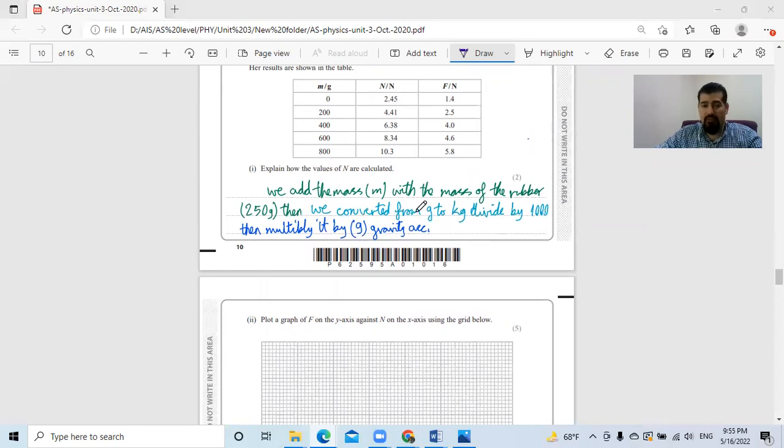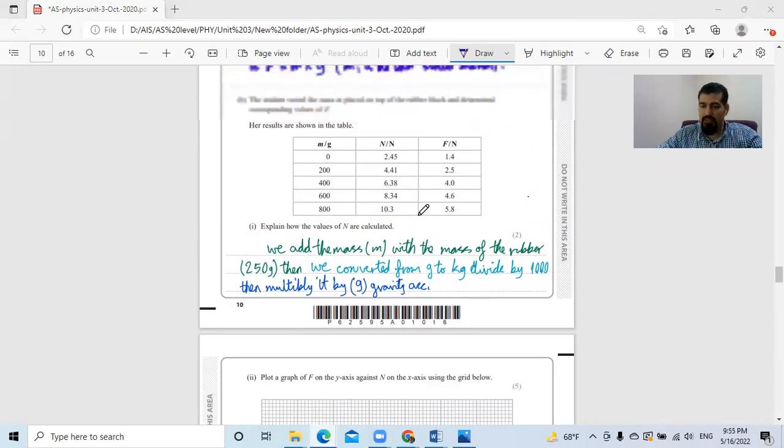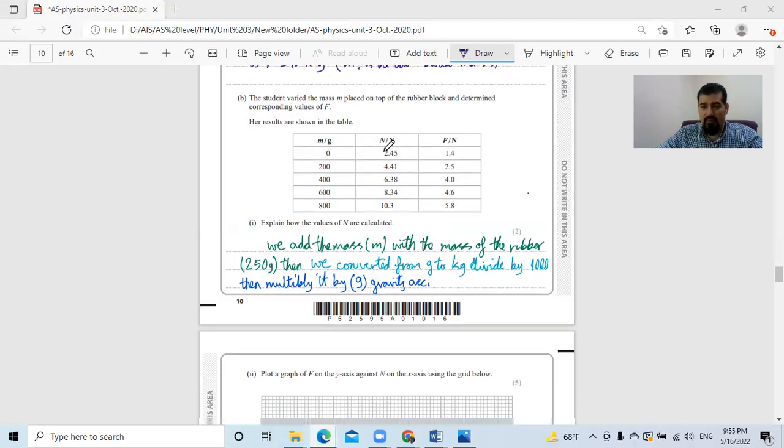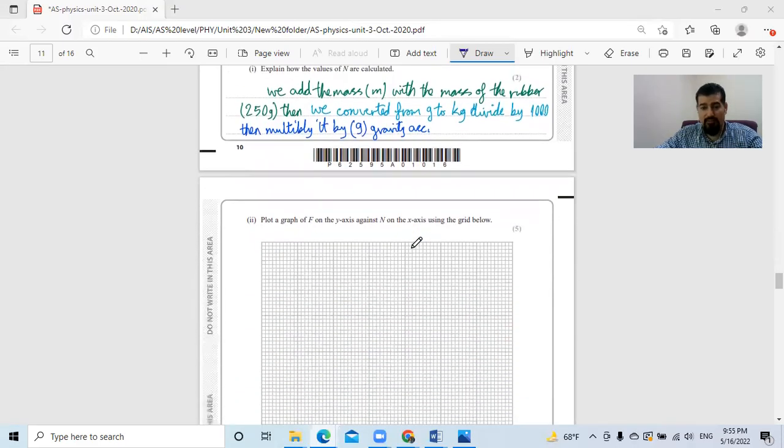But here, since we have a relationship, we have to start almost from 0. Maybe we are not going to start from 0 because there are other forces, not only friction force, maybe in the pulley. So we have to determine it, and maybe they are going to ask about the gradient, which is the value between N and F, to find the coefficient of friction, the constant value.